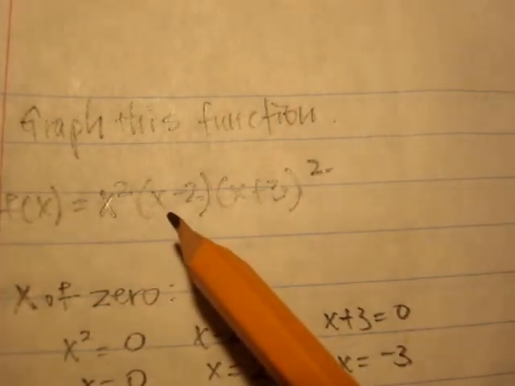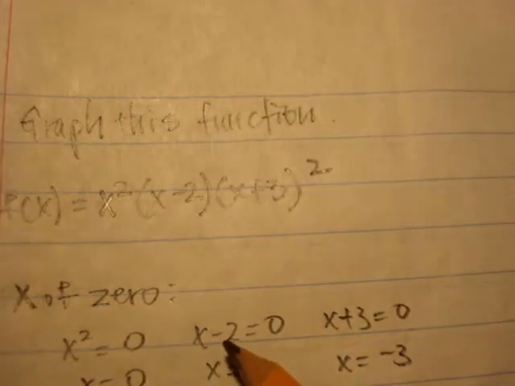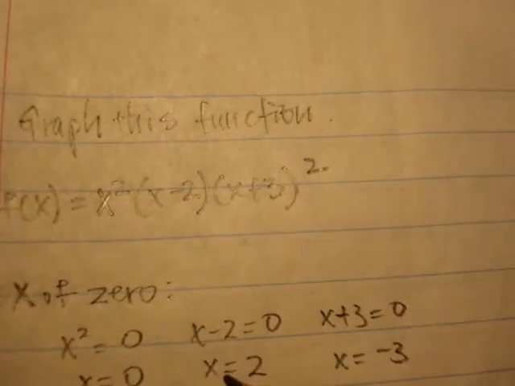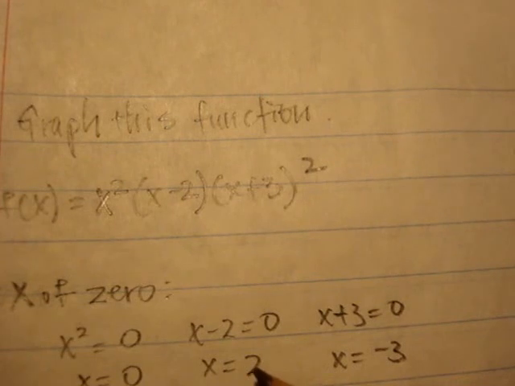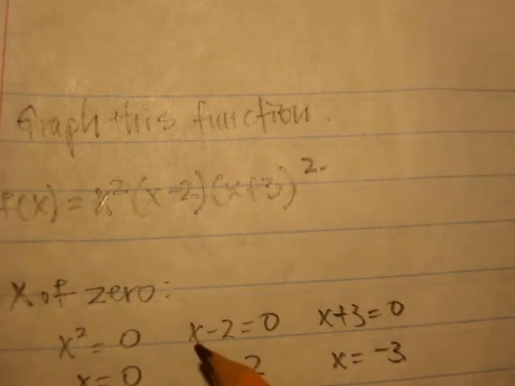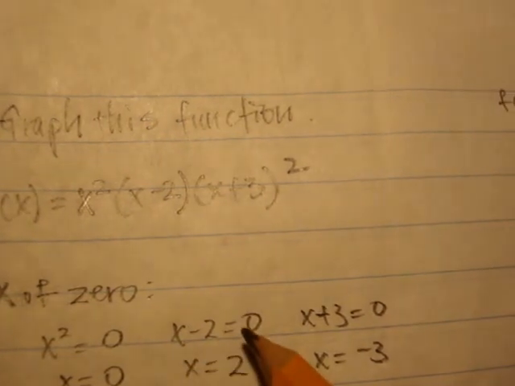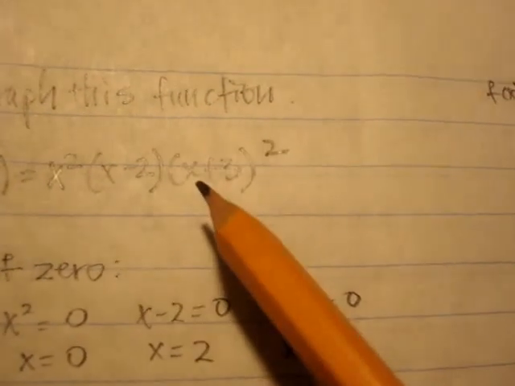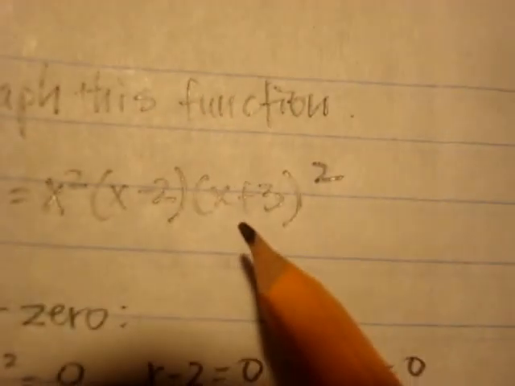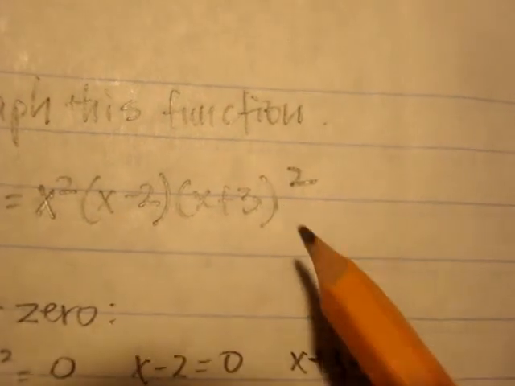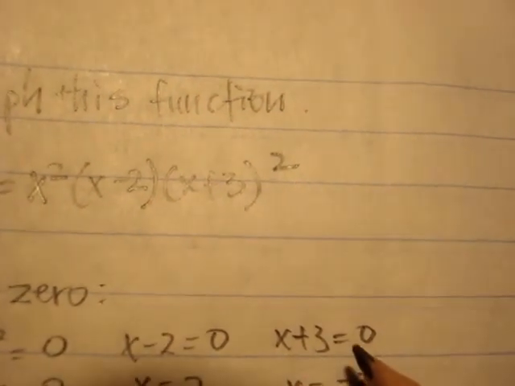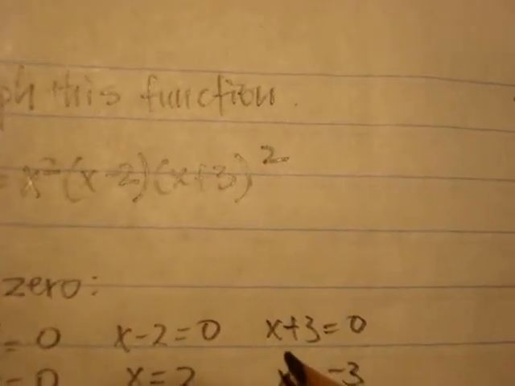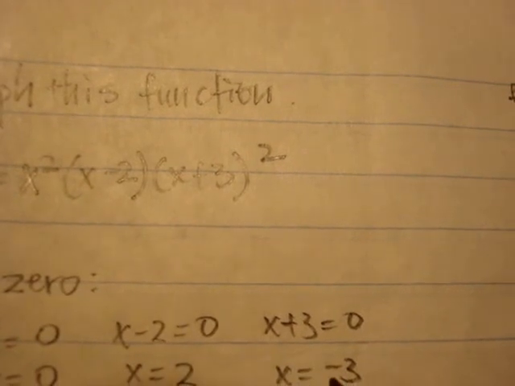And then this parentheses right here, bring it down. x − 2 equals 0, so x equals 2, because if you plug the 2 into x right here, it will make it 0. And then bring down this parentheses, (x + 3)². Bring down x + 3 equals 0. So when you solve for x, x equals negative 3.